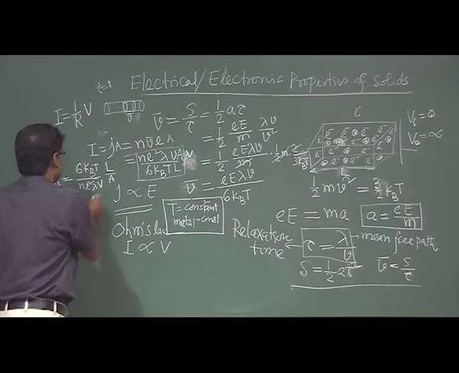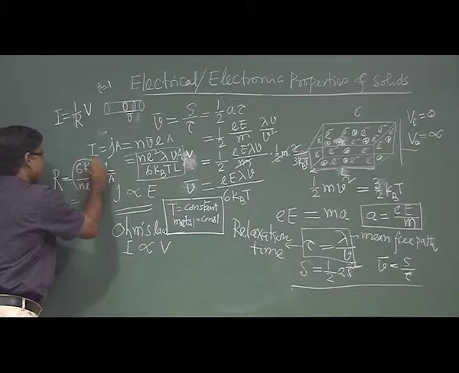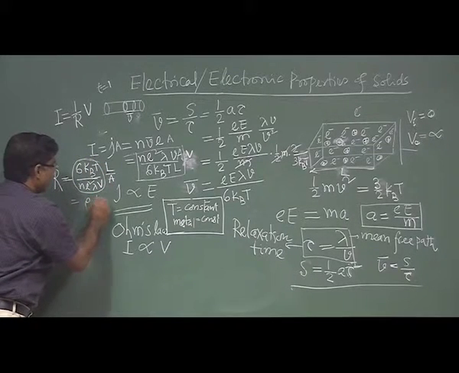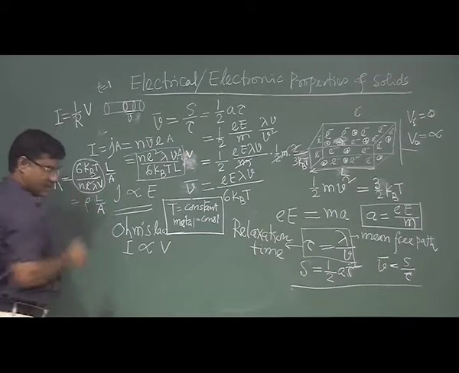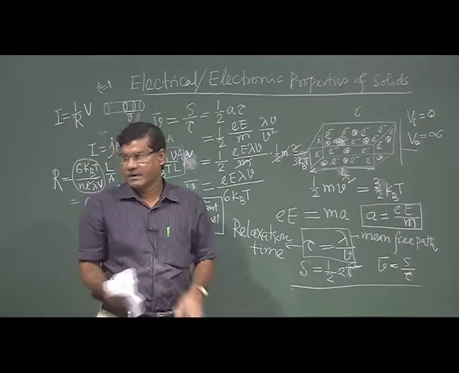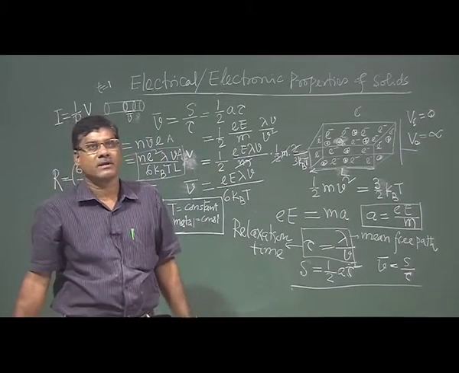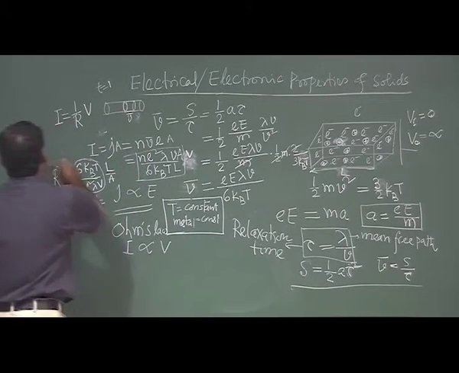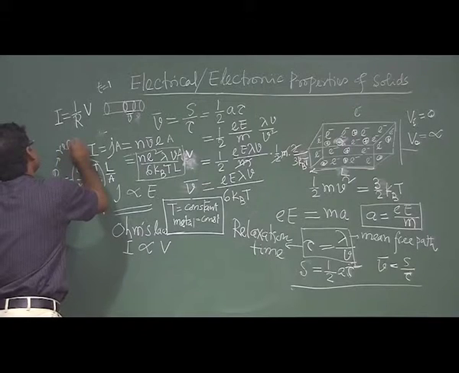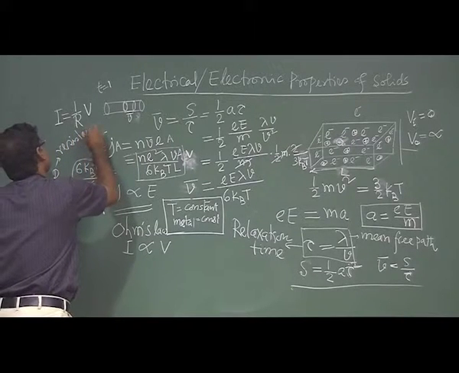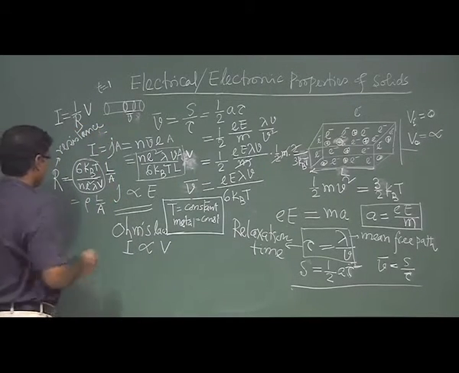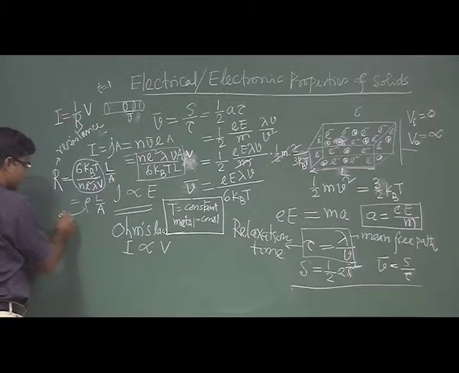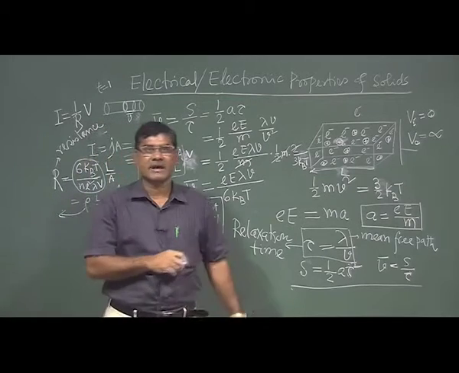and if I take this as rho L by A, this rho is called the resistivity. So, R is resistance and rho is resistivity, right. Rho is resistivity.